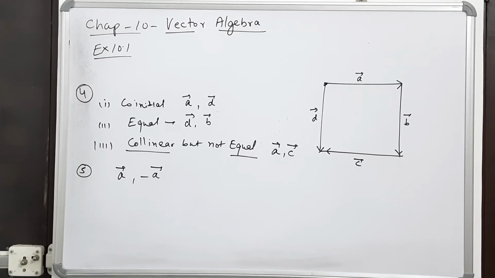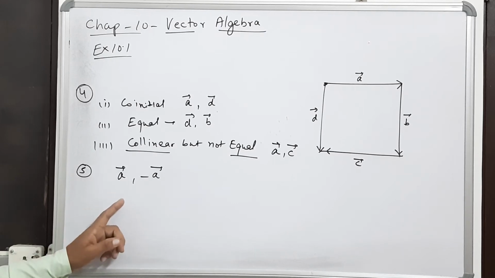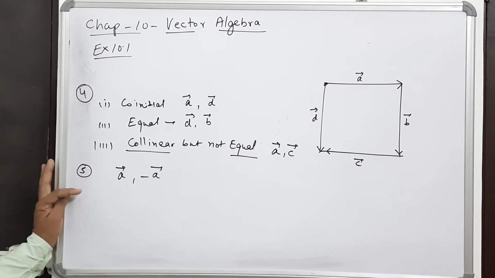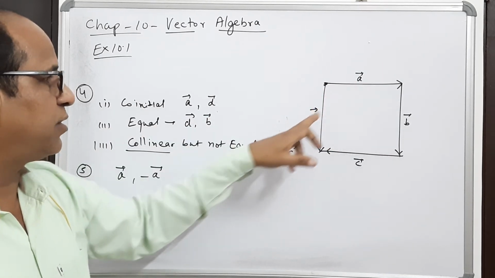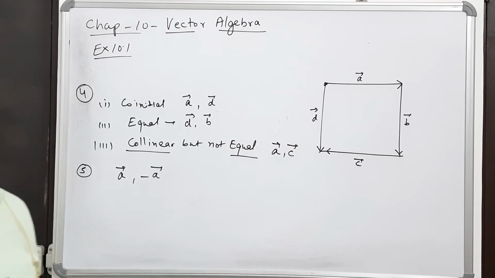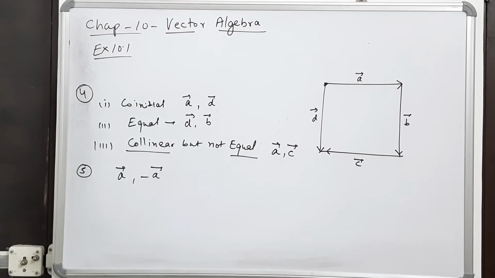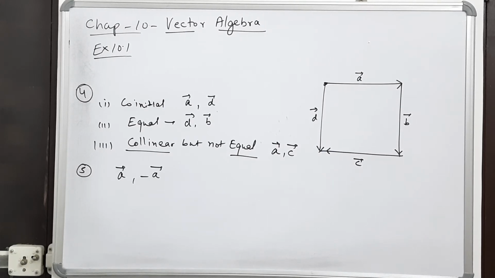The next one is two vectors having the same magnitude are collinear. Now look at this vector A and vector D. Their magnitude is same because these are the sides of the square, but they are not collinear. So we can say that it is not true. And the last one is two collinear vectors having the same magnitude are equal.